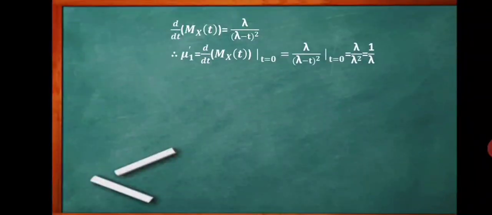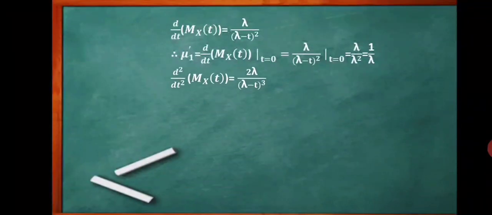Differentiation of M x of t at t equal to 0 is denoted by mu 1 dash, and now the value is lambda by lambda minus 0, that is in the place of t you substitute 0, you get lambda by lambda square. If you cancel that, the answer is 1 by lambda.